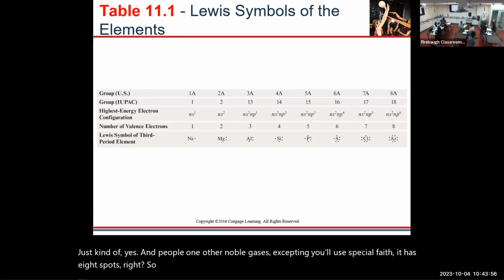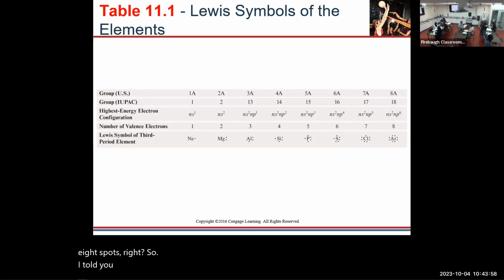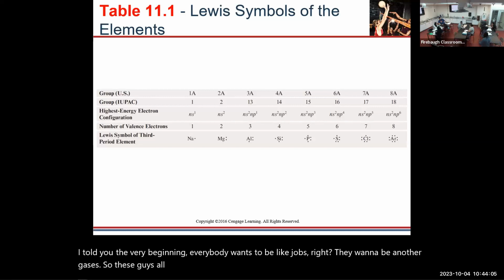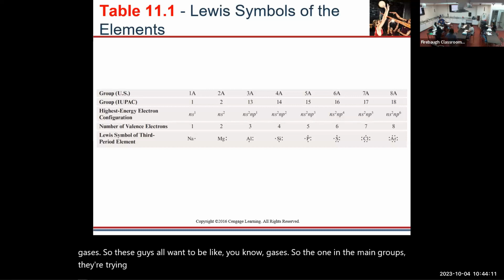So I told you at the very beginning, everybody wants to be like the Joneses. They want to be like the noble gases. So the ones in the main groups are trying to get to 8. So we're going to use that 8 as our magic number. We call it the octet.